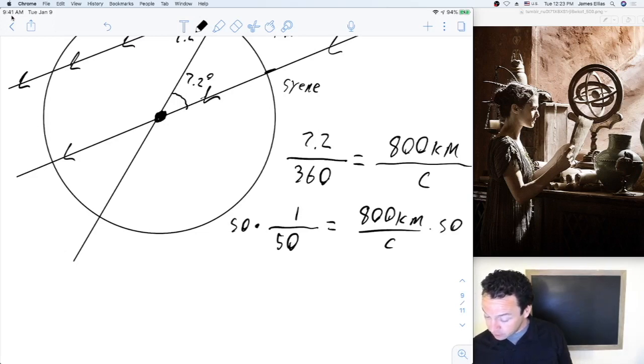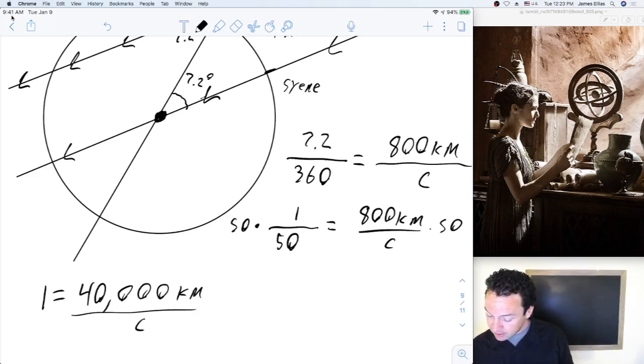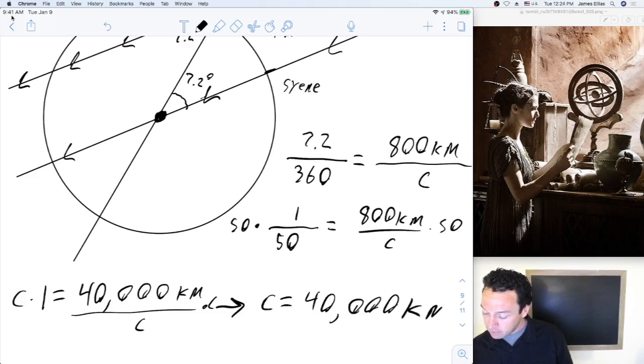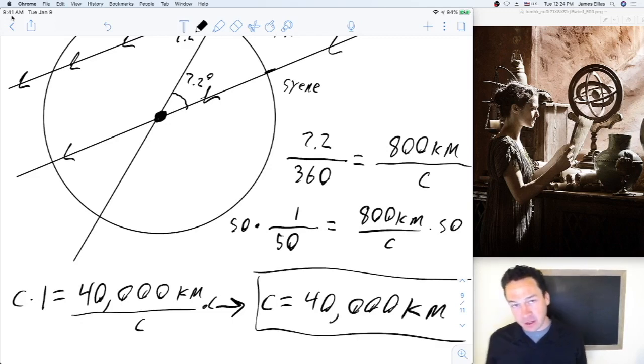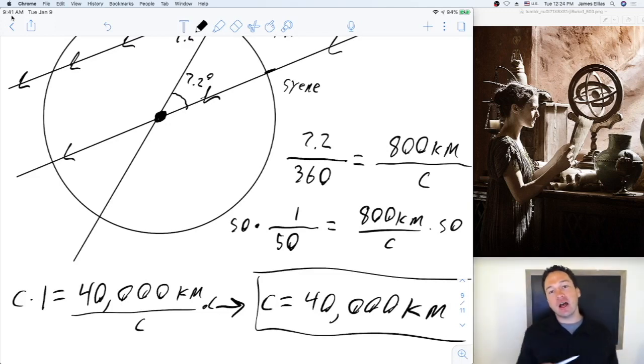So we got 1 equals 40,000 kilometers over c. Then we're going to multiply both sides by c. And this leads to the circumference is equal to 40,000 kilometers. Eratosthenes has measured the size of the entire Earth using nothing but shadows and geometry.